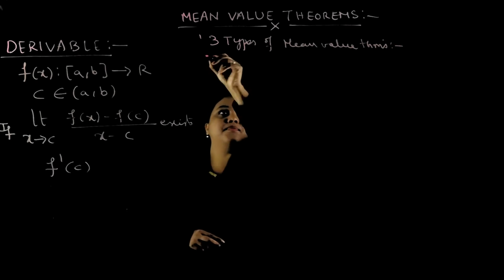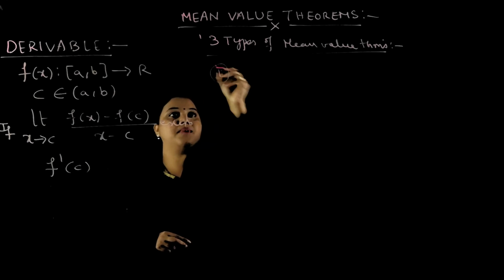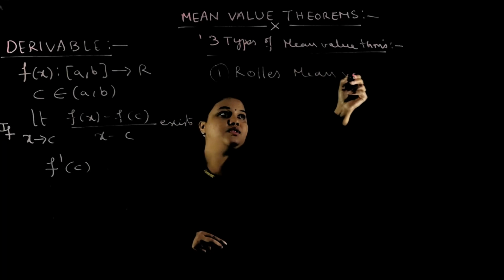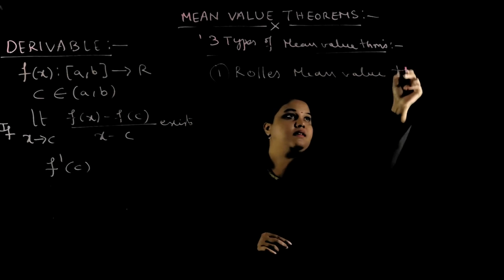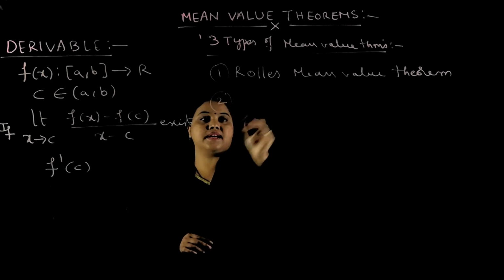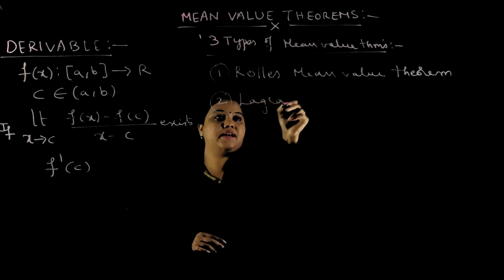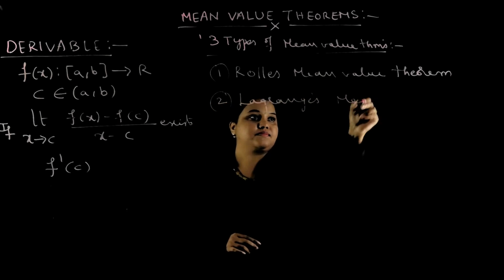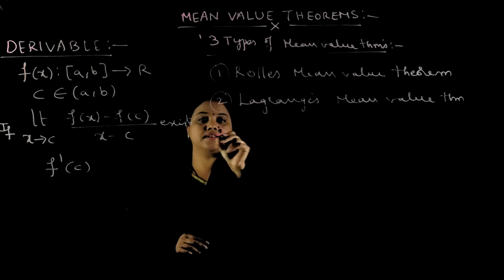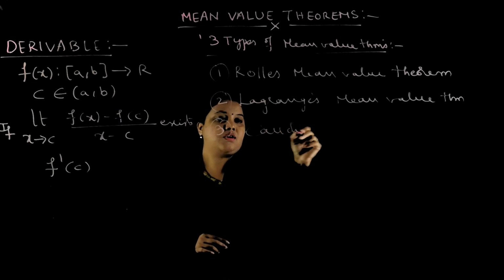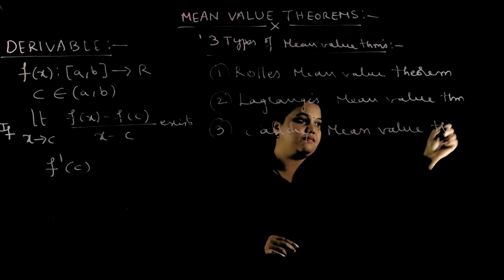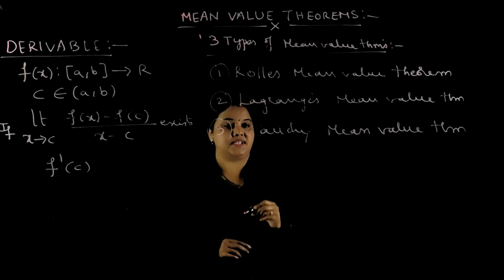The first one is Rolle's mean value theorem, the second one is Lagrange's mean value theorem, and the third one is Cauchy mean value theorem. So, we have three types of mean value theorems.